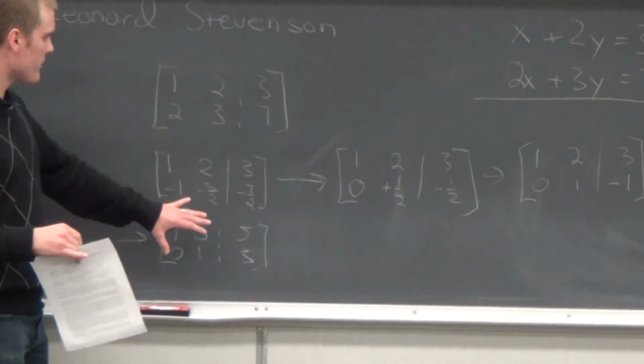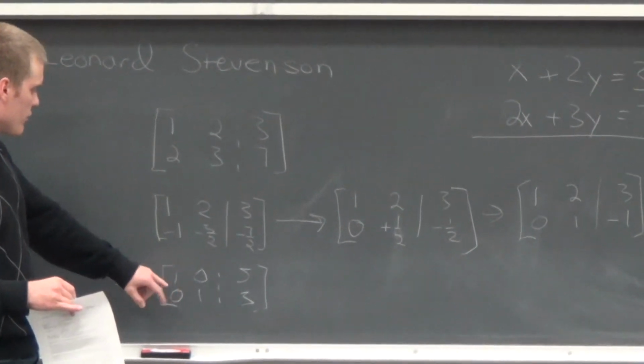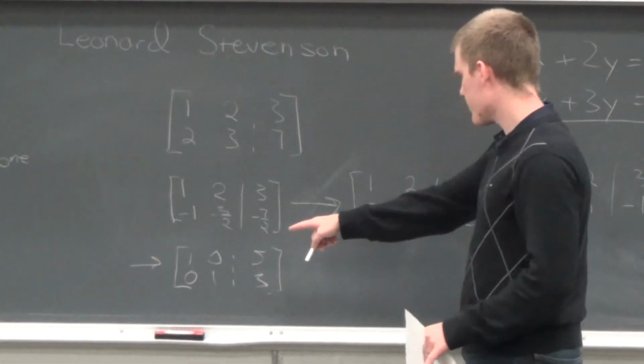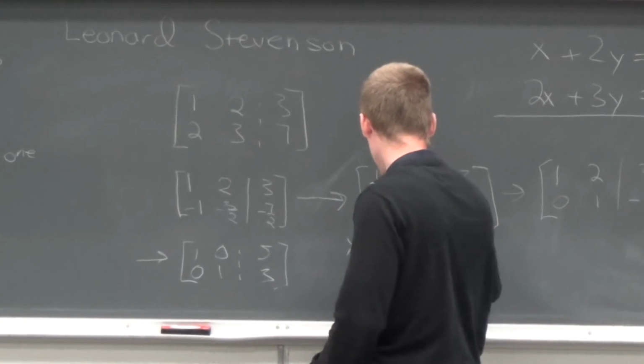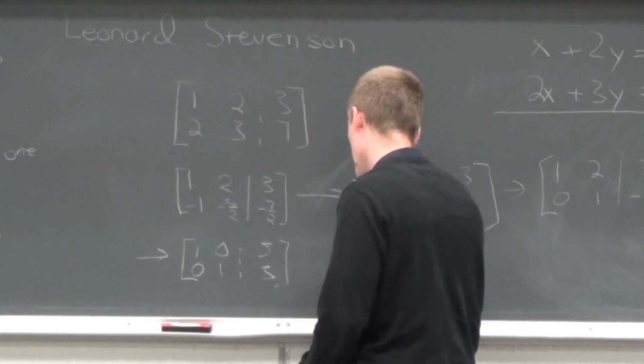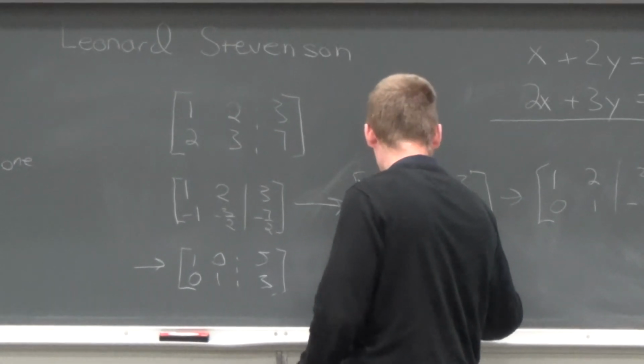Now in effect, what we've done is we've turned this system of equations into a new system of equations. And the new system of equations, which we just read off here, tells us x plus 0y equals 5, and 0x plus y equals 3.